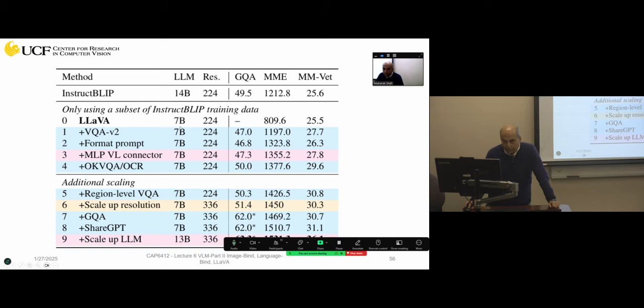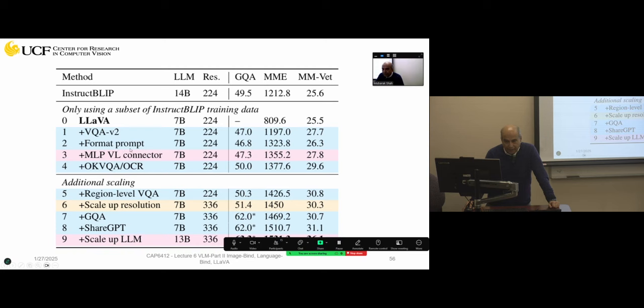They use 7 billion, and these are the different metrics. You can see that when they added this new dataset, VQA, with the same image size and same LLM, it made a difference, right? 80.9 to 1197, 27.